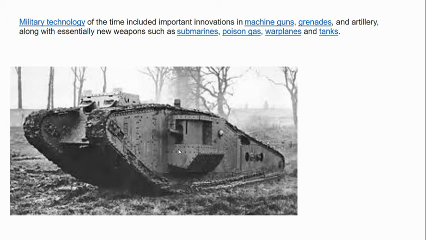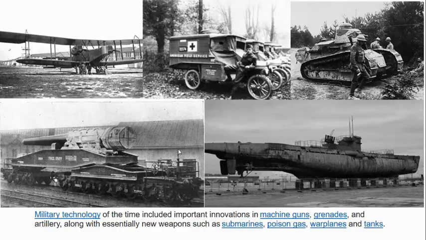Weapons such as submarines, poison gas, warplanes, and tanks brought a new sense of deadliness and greater numbers of deaths. Before that, they didn't have these kinds of weapons, so that really made this a more horrific war than any war before.